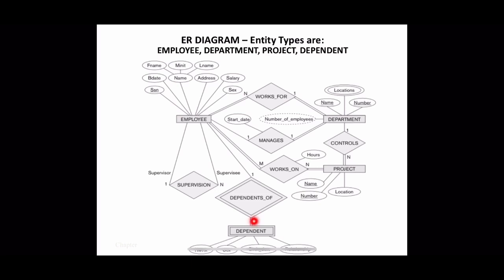Dependent is a weak entity, so a double-lined rectangle is used for representing that. The corresponding identifying relationship is dependent of. So dependent is related to employee through this identifying relationship, dependent of. We can say that employee is the owner entity type for this dependent entity type, right? Now we can go through the different relationship types.